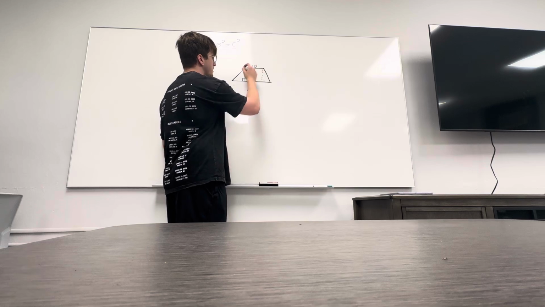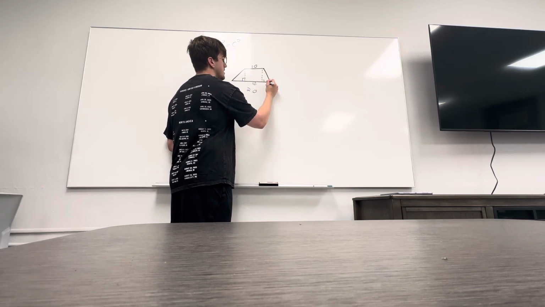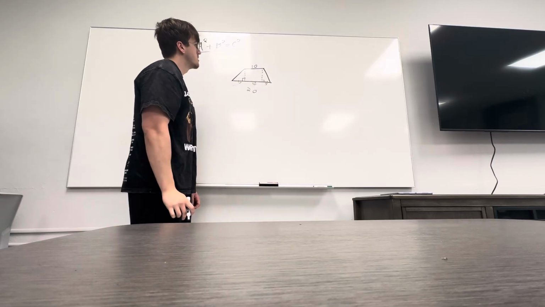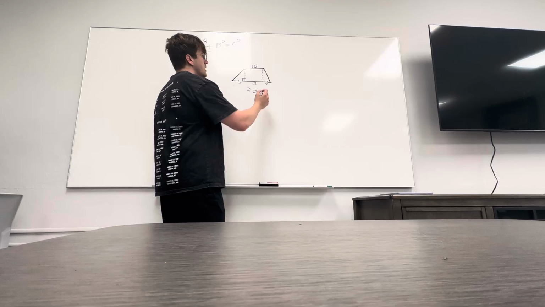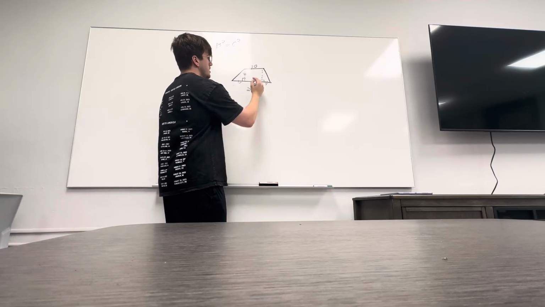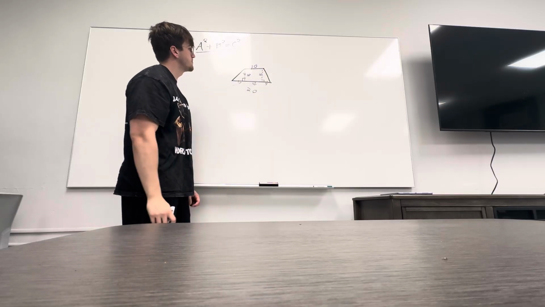So if you know this is 20 and that's 10, and you've got 5 and 5, because those are the same length. Okay? And because this is a square, you know that this length is 10, and this length is 10.